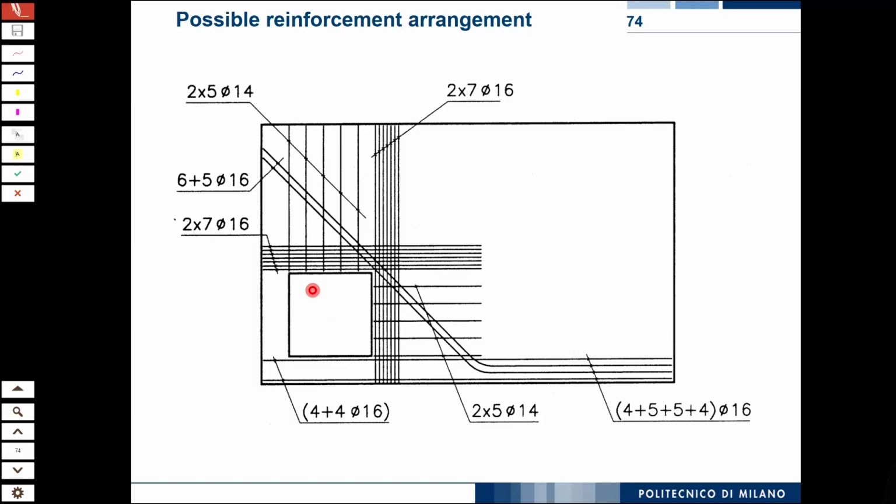And this was 4.5. 4.5 multiplied by the square root of 2, which is 1.4, is 7 meters. 7 meters plus 0.5 and so on, it's around 10. Consider that the steel bar is 12 meters long.